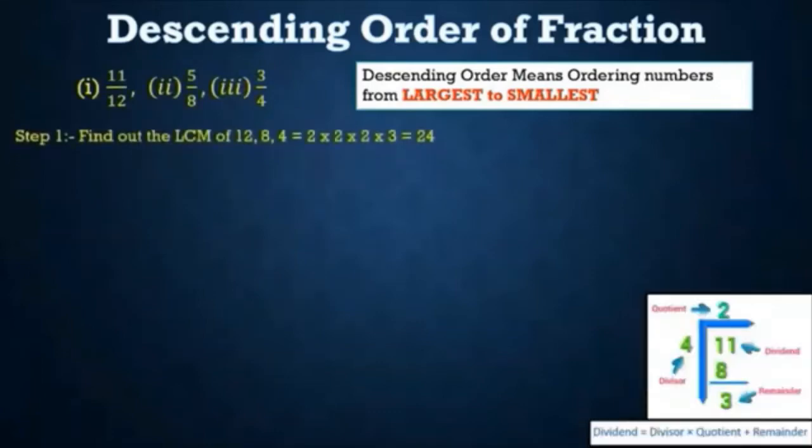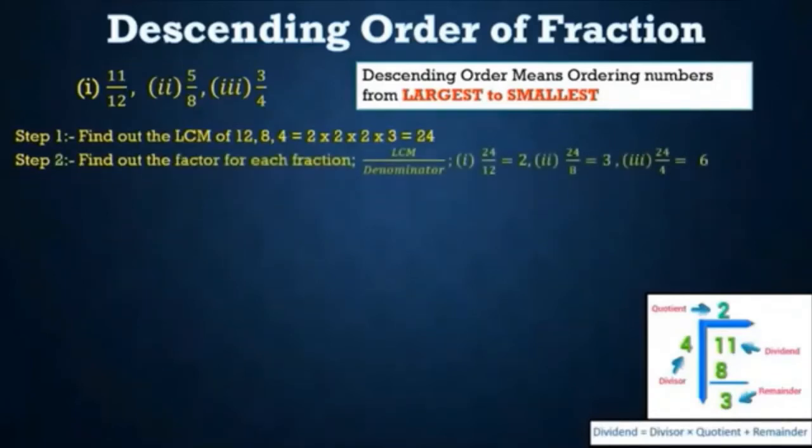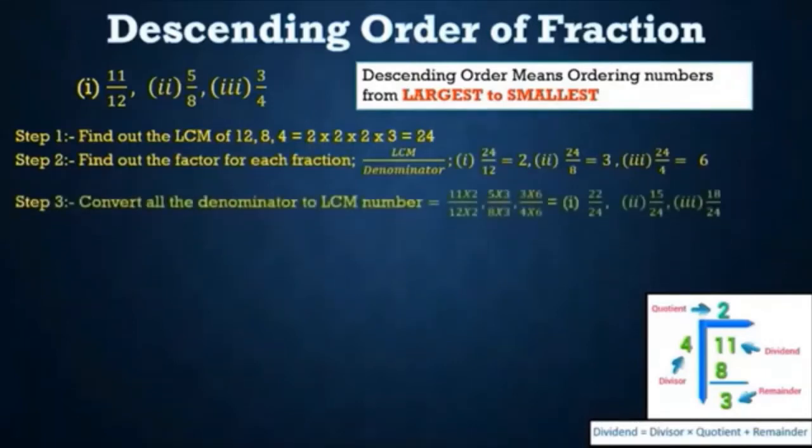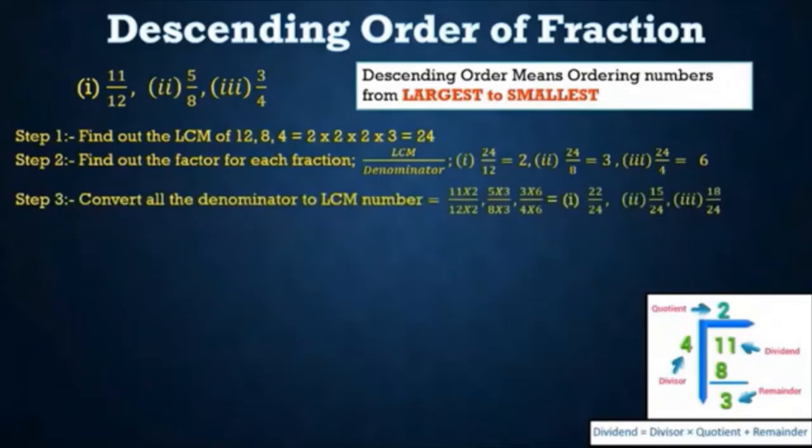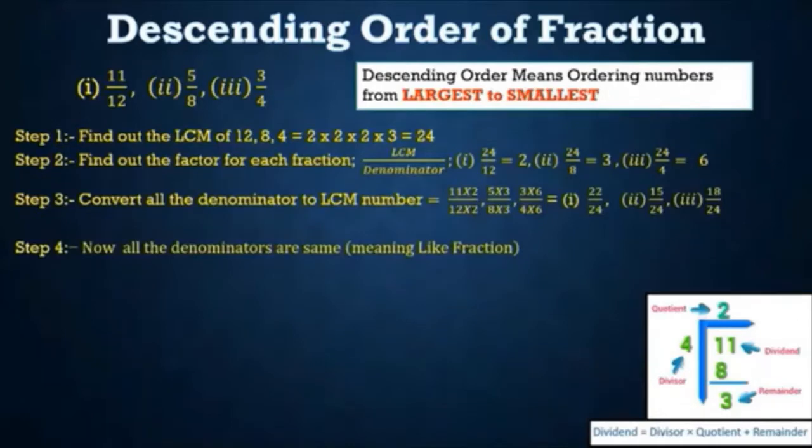So step 1 is to find out the LCM of 12, 8 and 4, like usual, 24. Step 2 is to find out the factor of each fraction. Everything will be the same as with the ascending order until the third step. And then in the fourth step, now all the denominators are the same, which means they are like fractions.